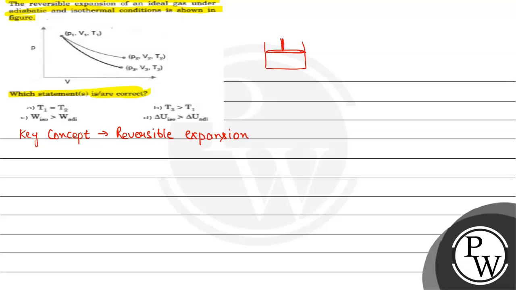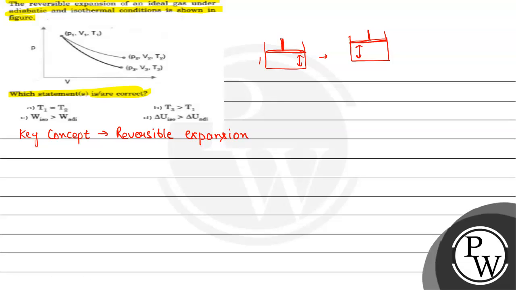This is the piston. When the gas expands, this piston will move upwards. So this shows the expansion, and this expansion is reversible, meaning this can be compressed.